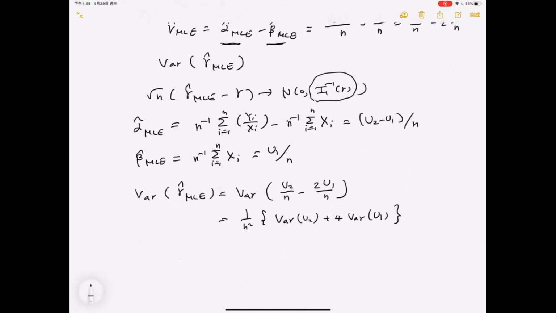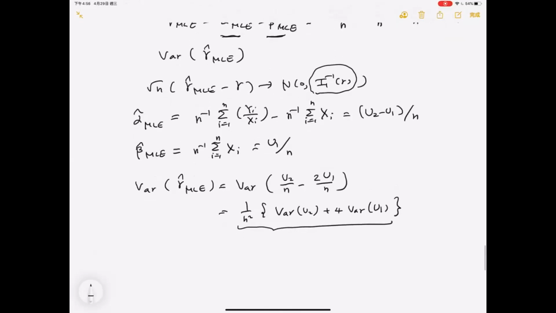Eventually you could derive this based on the previous derivation.